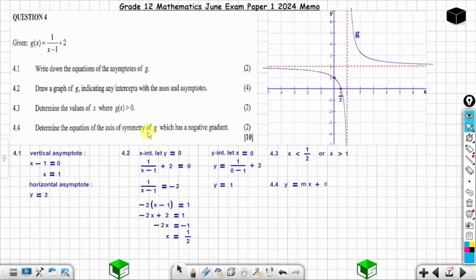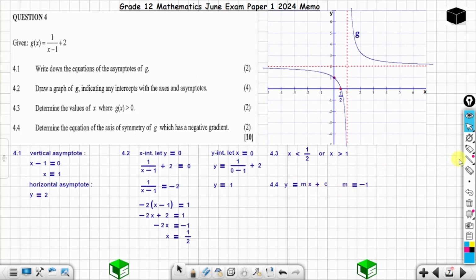So, the gradient is equal to -1. If you are asked to find the equation of the axis of symmetry of G which has a positive gradient, you are going to have a positive 1. So, you have m, you need c.